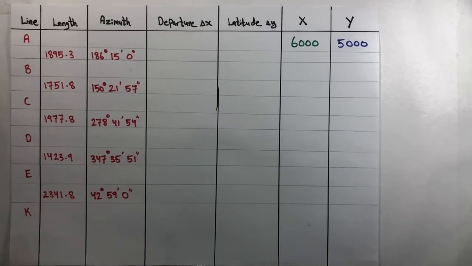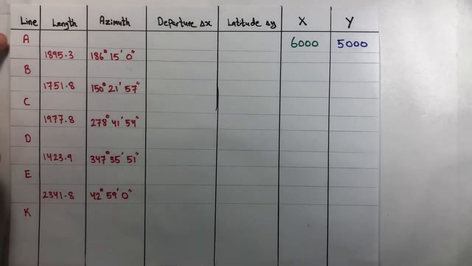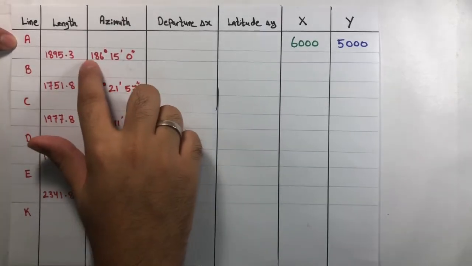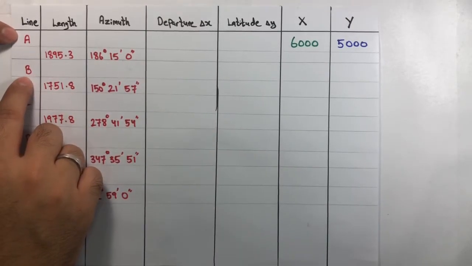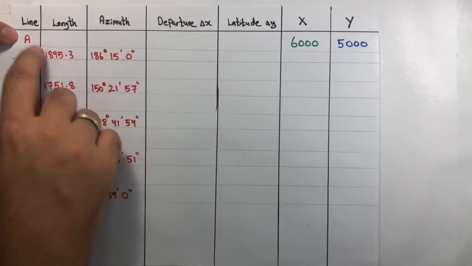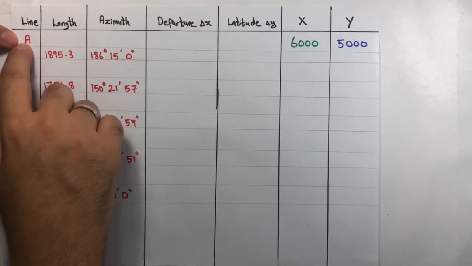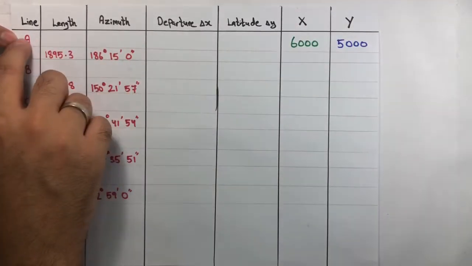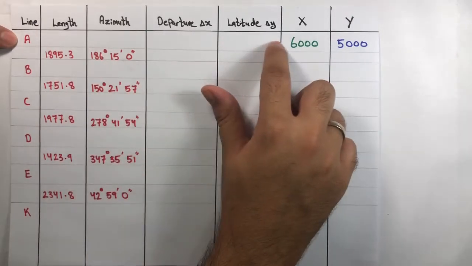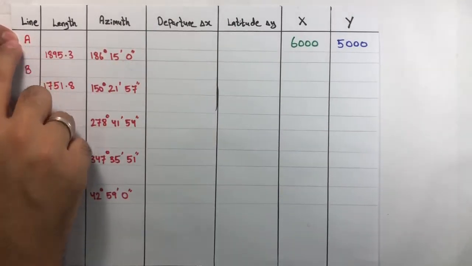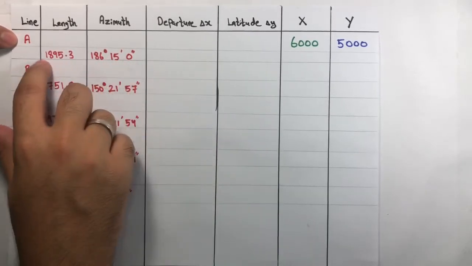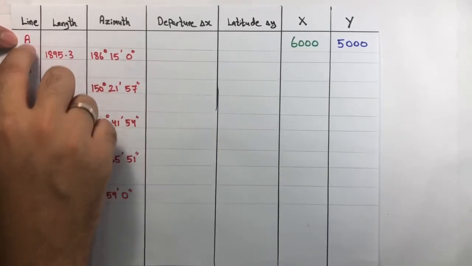We have the first column, which is A, B, C, D, E, and if we can notice, those values are written between A and B. Okay, because this length is for line AB, but when we go to the coordinate, the last two columns, it is exactly in front of A, because this is the coordinate of point A, but those are the data given for line AB.